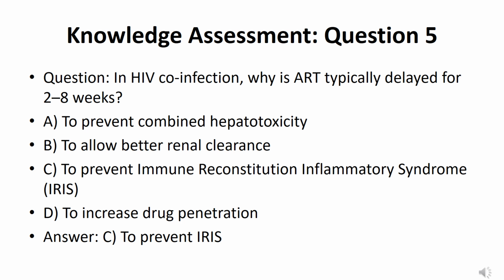That's why antiretroviral therapy is often delayed for 2 to 8 weeks. The goal is to reduce the risk of IRIS while still ensuring effective treatment of both HIV and tuberculosis. So the correct answer is C, to prevent immune reconstitution inflammatory syndrome.